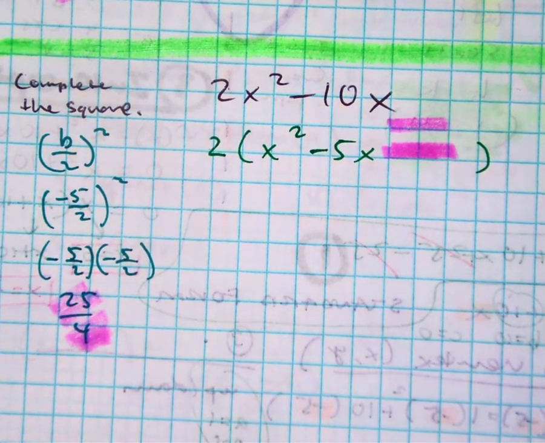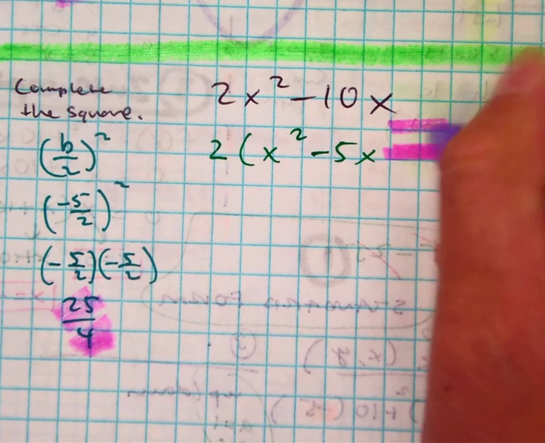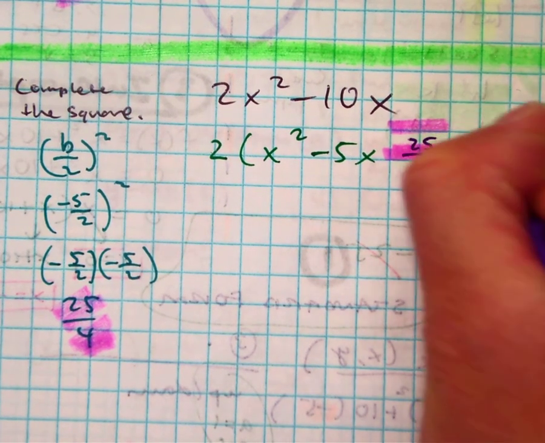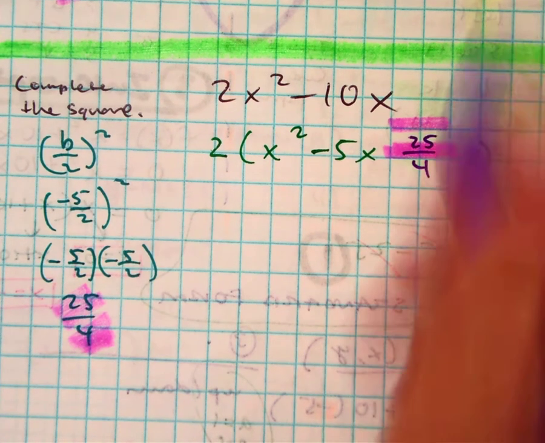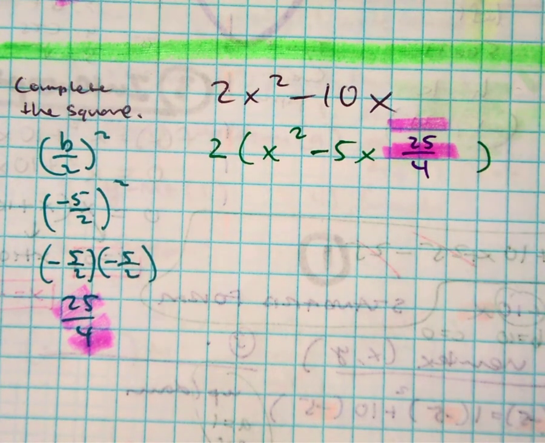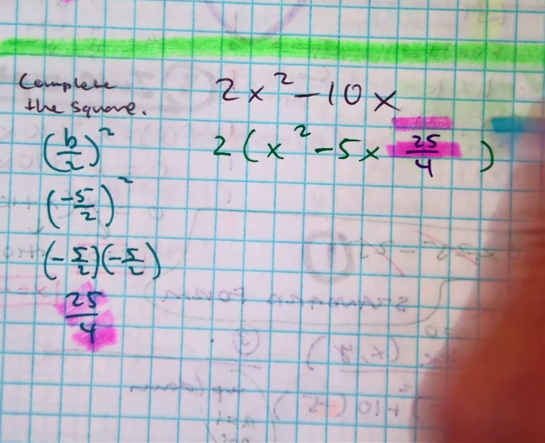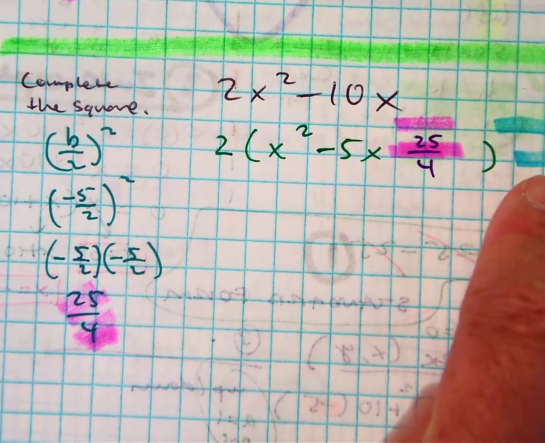Okay, pay attention now. If I put 25 over 4 here, the question is, can I put 25 over 4 here?